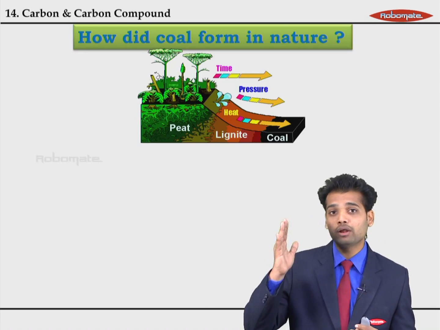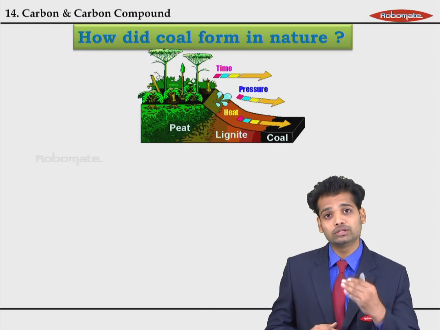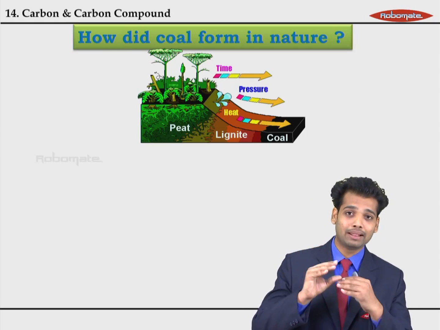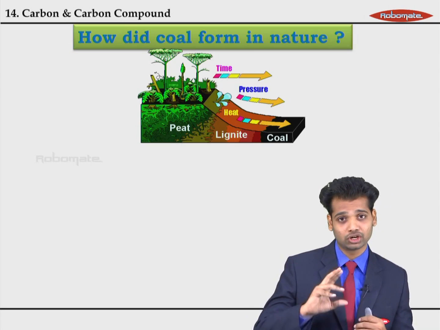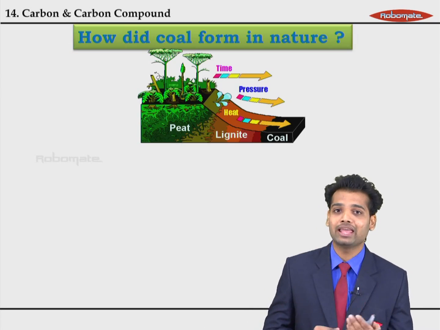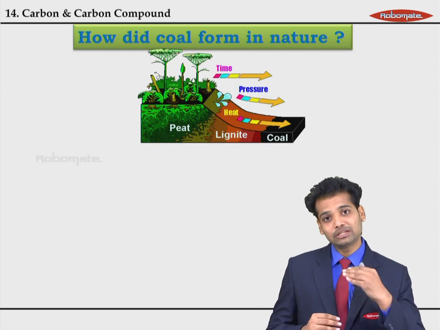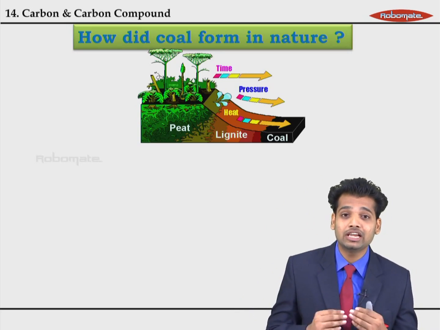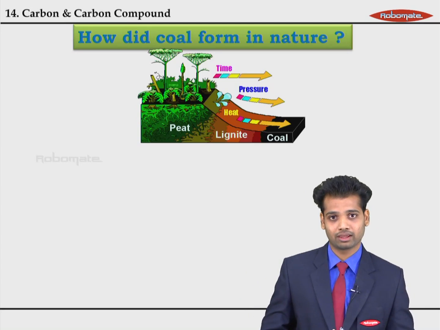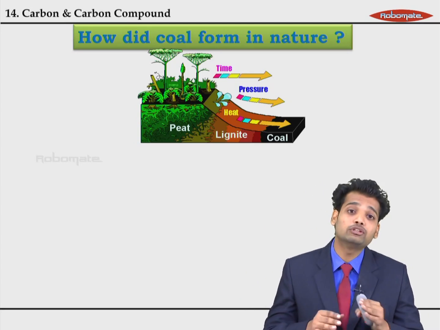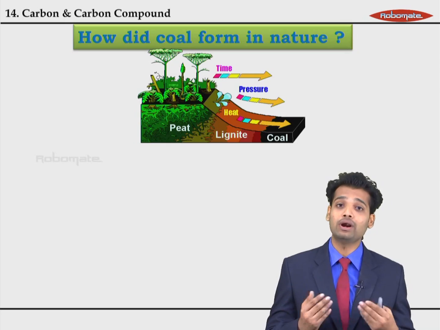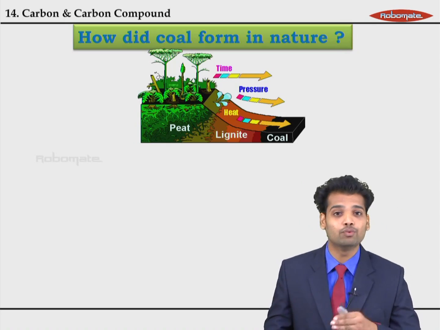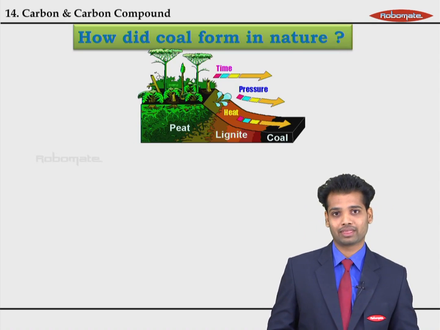And the more the mud was getting covered, the distance between the earth's core and these trees became less, making the temperature around the trees very high. Now if the temperature is high, also because of a lot of pressure from above, it changed into peat. Then this peat, because of more pressure and more heat, turned to lignite. And this lignite finally converted itself to coal.